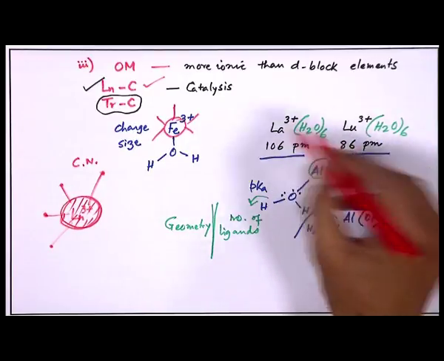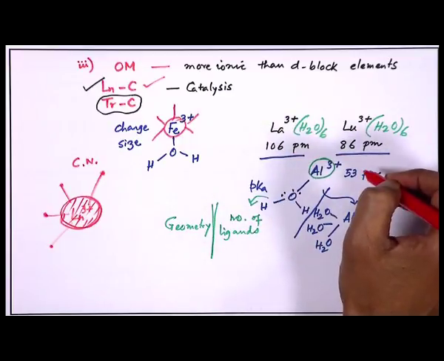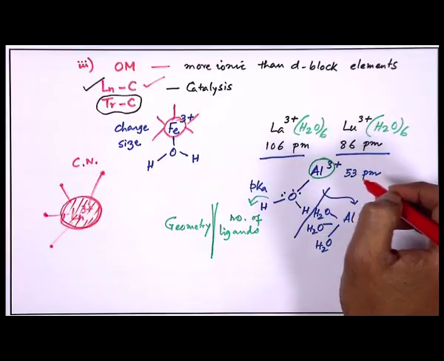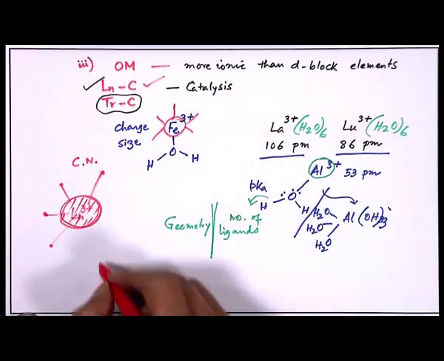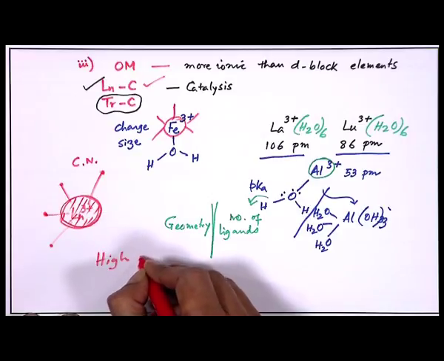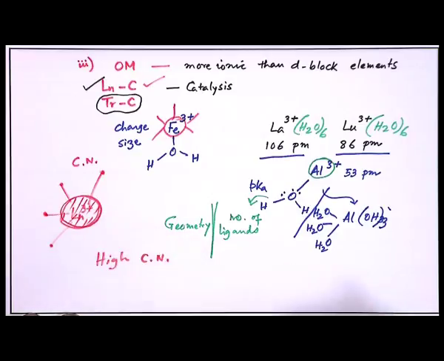Doubling of the size will definitely not allow you to go for a coordination number of 6. So, they will all have a very high coordination number. That is another feature of the chemistry of these lanthanoids.